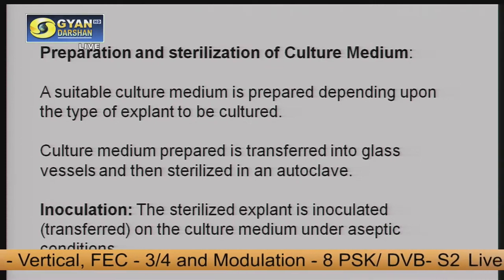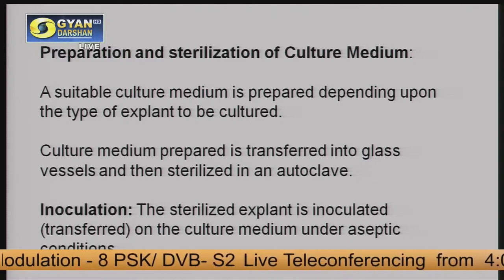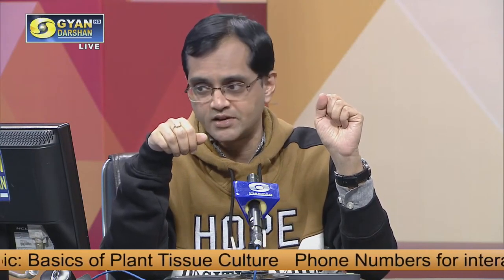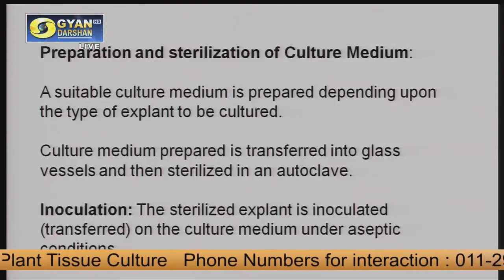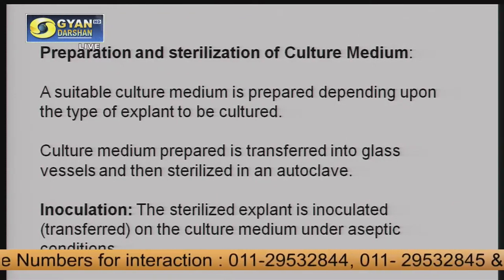Maybe one medium is good for one plant species, another medium is good for another plant species. So you again have to standardize, for my plant, which is the best medium where I can get the maximum micropropagation or the maximum number of plantlets. So a suitable culture medium is prepared depending upon the type of the explant to be cultured.